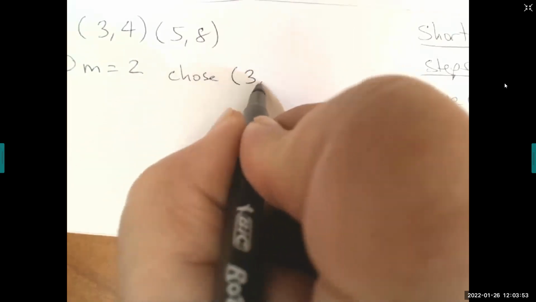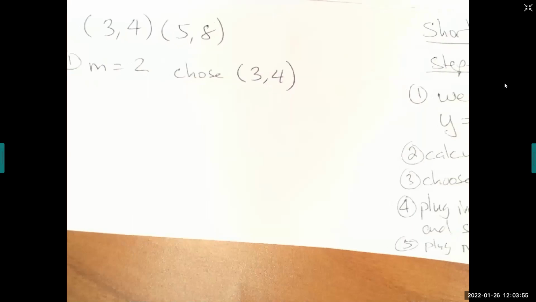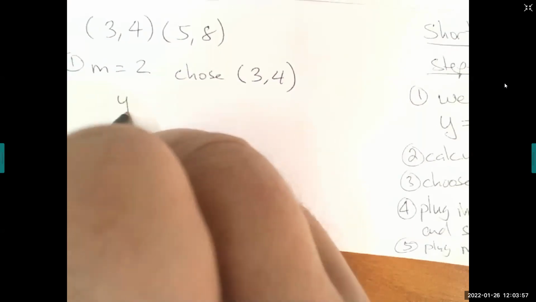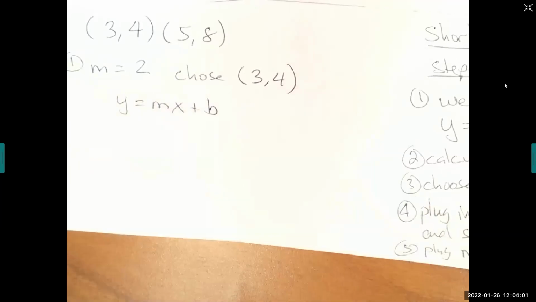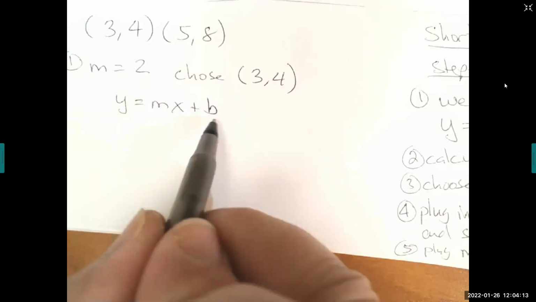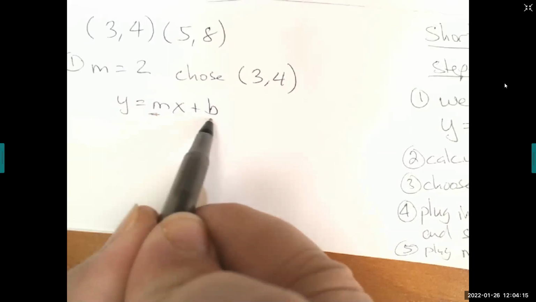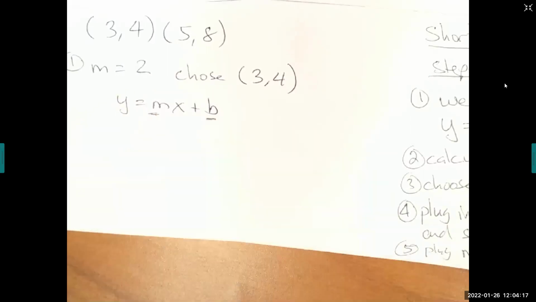Chose the point 3, 4 to be my point. The only thing we need is b, because m and b have to be defined in the equation.